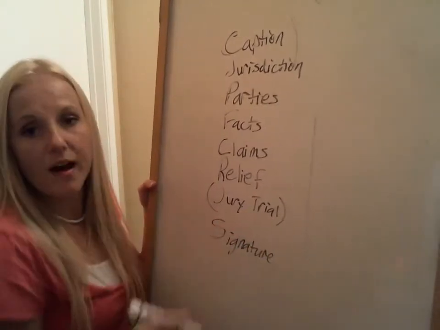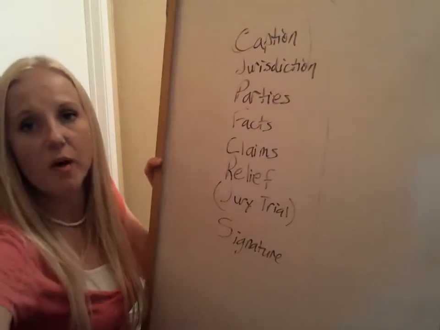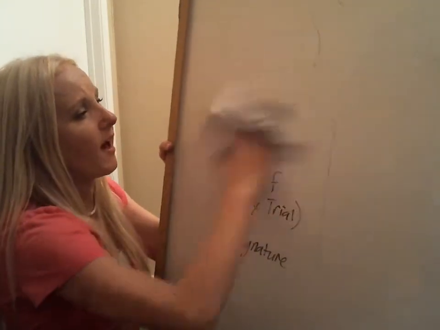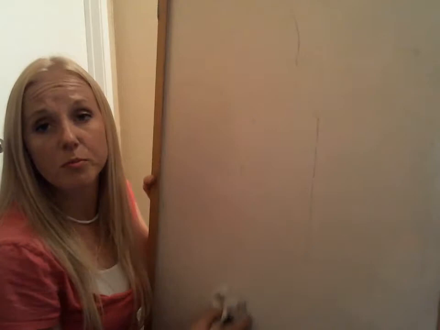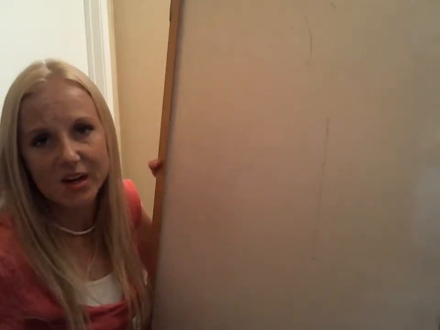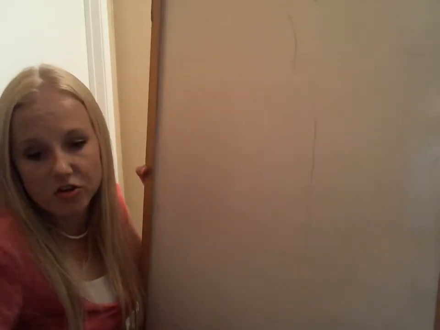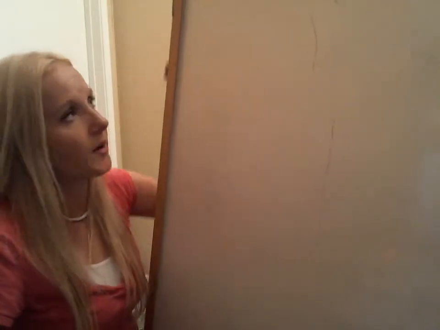So keep this in mind when you're doing it, and just make sure you have all of these, and it'll be the same format, although sometimes there will be multiple claims. For this complaint, we're just going to stick with that Title VII of the Civil Rights Act of 1964.